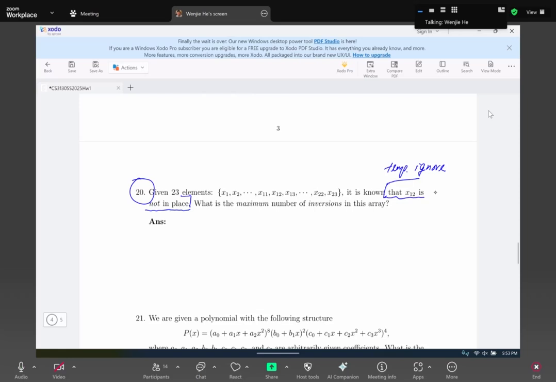So the step 1, find the number of all possible inversions without the given condition.